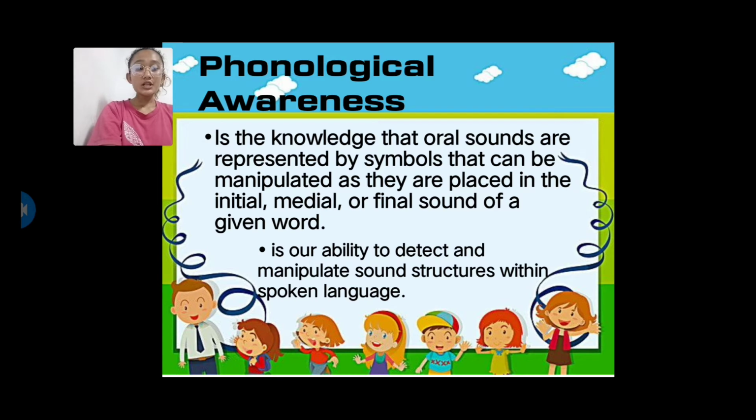So, phonological awareness focuses on the alphabet sounds, and it helps children to focus on the language and the sounds, the way you speak the sounds of the alphabet letters.